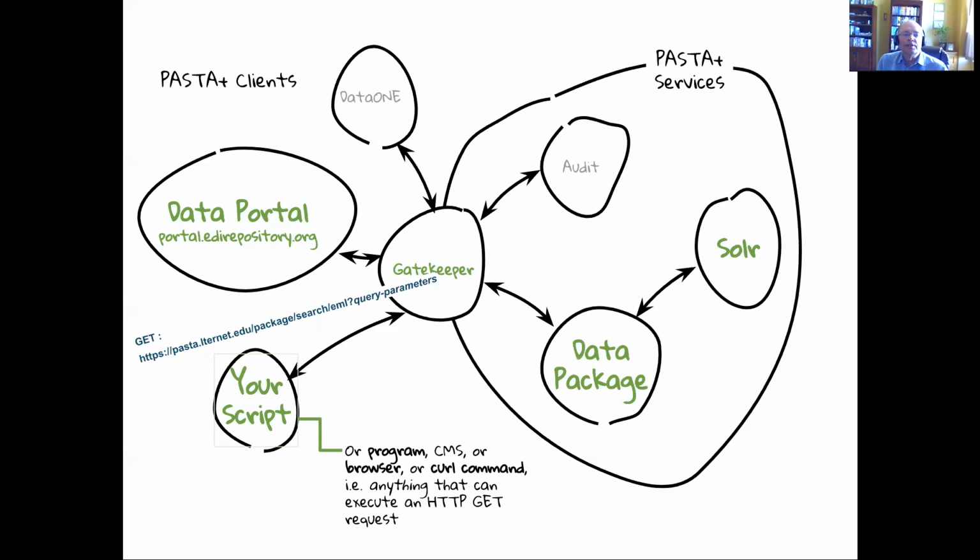In both cases, the client uses a web service URL that makes a GET request, interacting first with the gatekeeper component of Pasta Plus, which then interacts with the data package component, which in turn interacts with the SOLR server. The search results are generated by SOLR and sent back along the same route in reverse, arriving in the HTTP response body as XML.